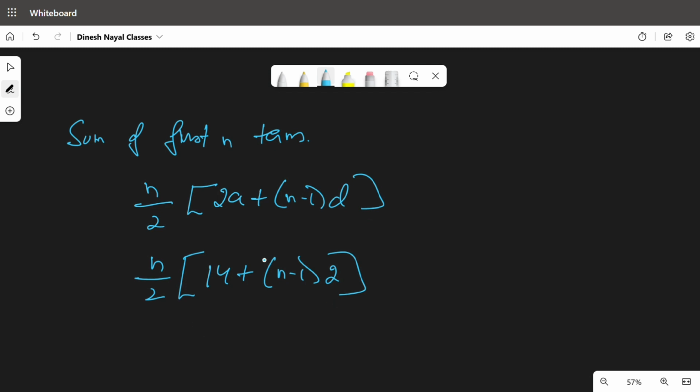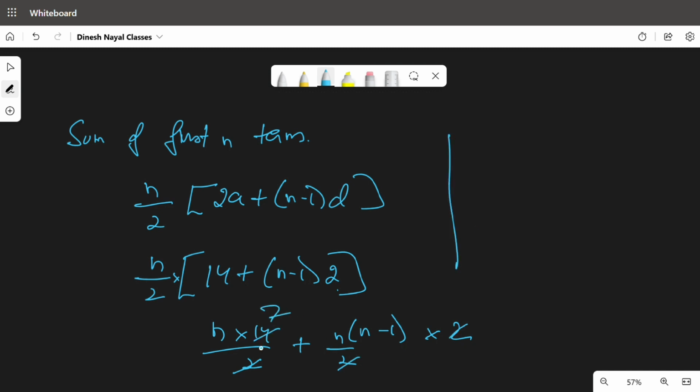Now we just multiply and open the bracket. This is n by 2 times 14, plus n by 2 times 2 times (n minus 1). 14 by 2 goes 7 times, and the 2 and 2 get cancelled.